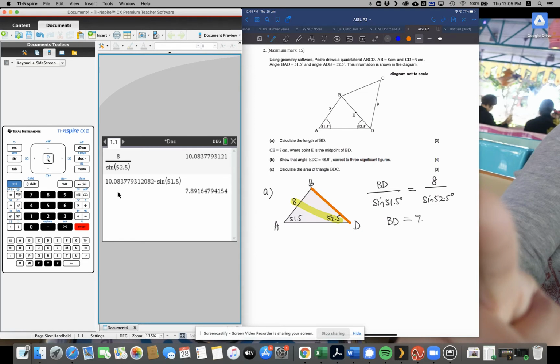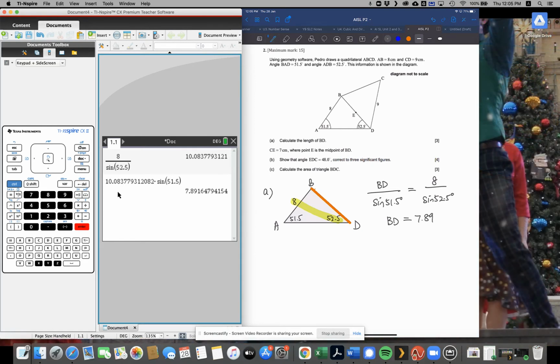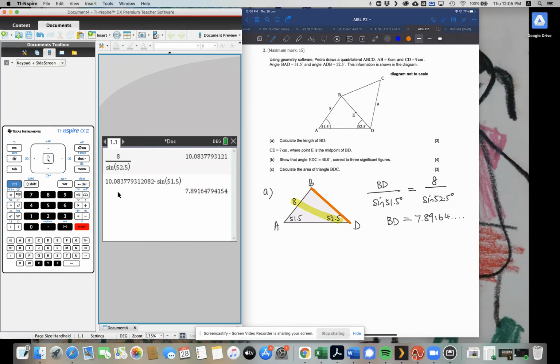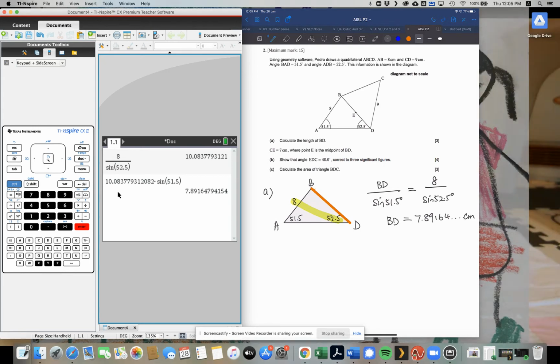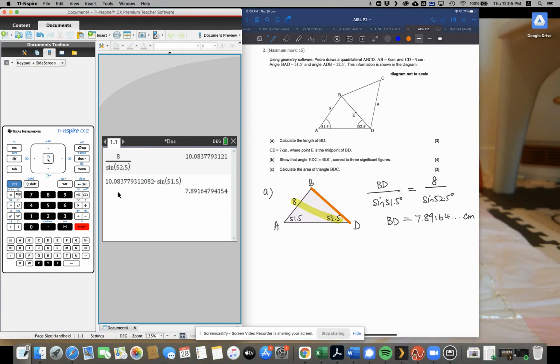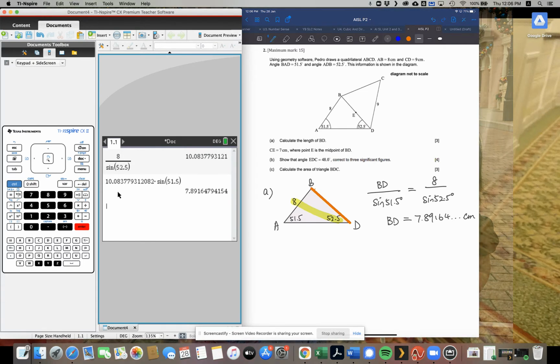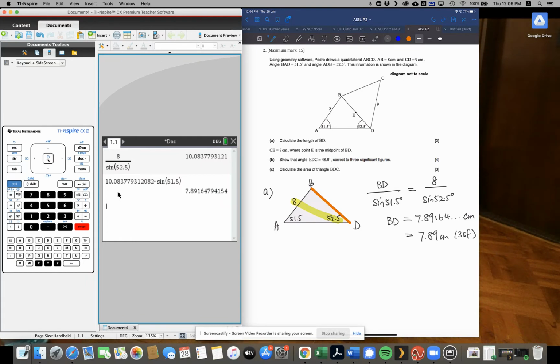The length is 7.8916. What unit is it? Centimeter. You were not told how to round it up. When you were not told in the question, the rounding instruction is 3 significant figures. So that's the length of BD.